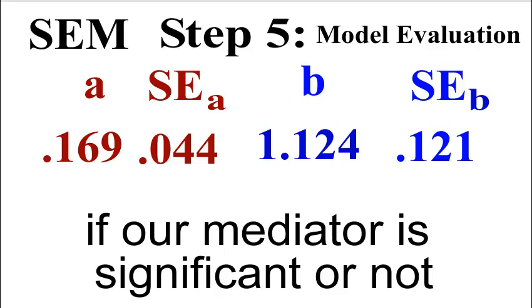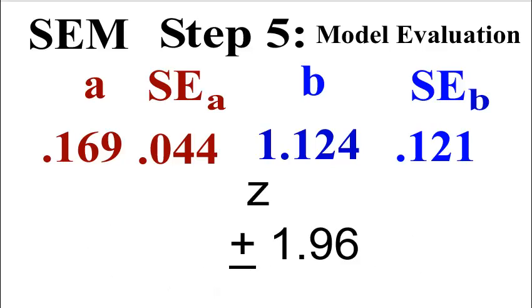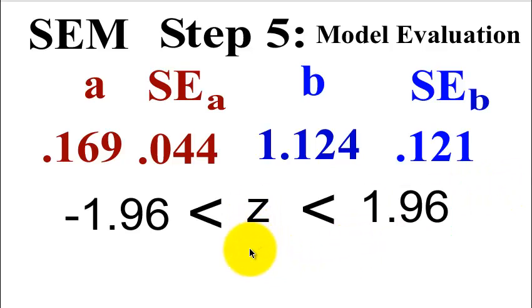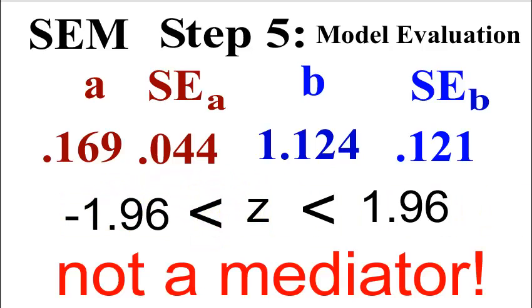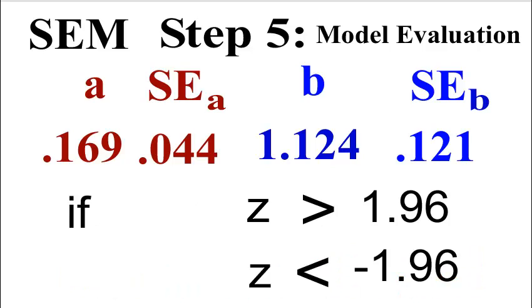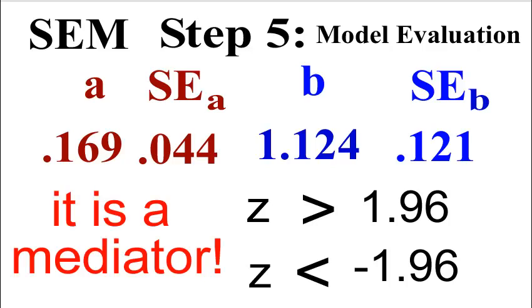If our z-score falls between the critical cutoffs of positive 1.96 and negative 1.96, the two z-scores that give you a 95% confidence interval, it will not be a mediator. Conversely, if our z-score is outside of that range, greater than 1.96 or less than negative 1.96, it is definitely a mediator.